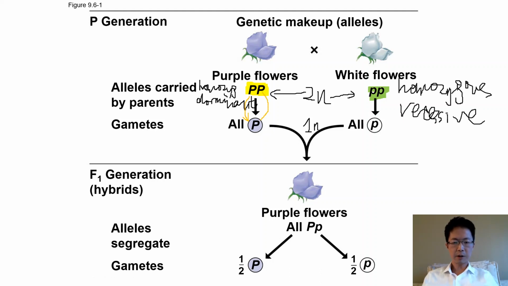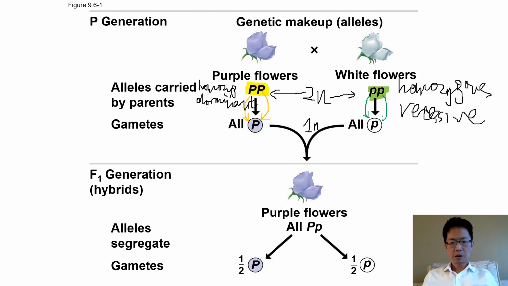It's basically all the gametes from the purple parent are all big P. Similarly, for the white flower, all the gametes are small p.